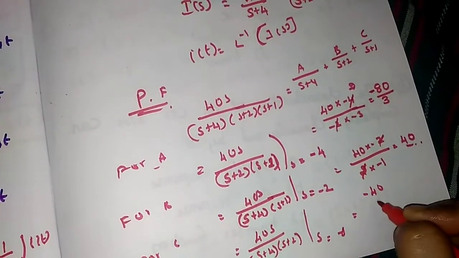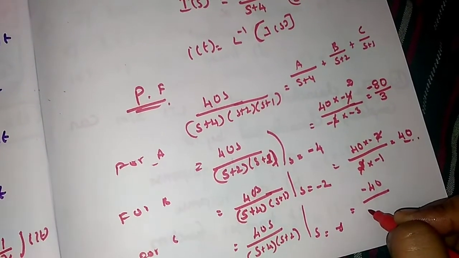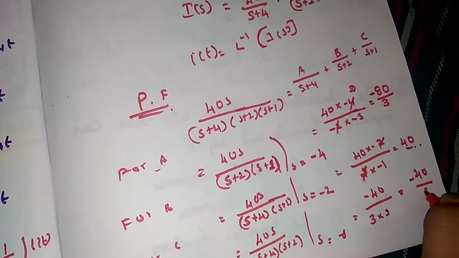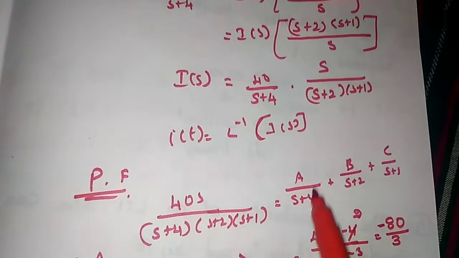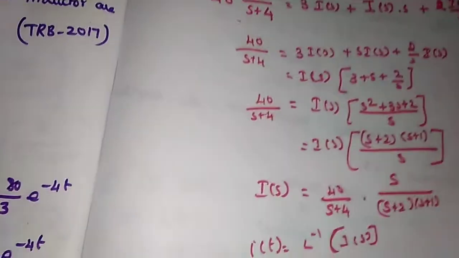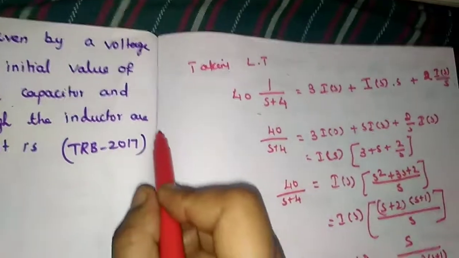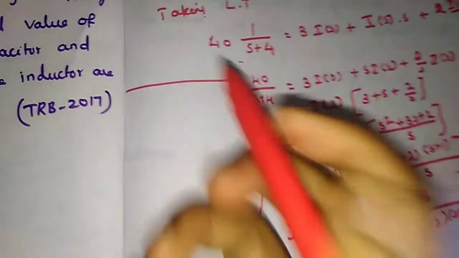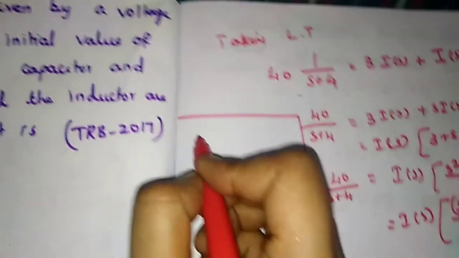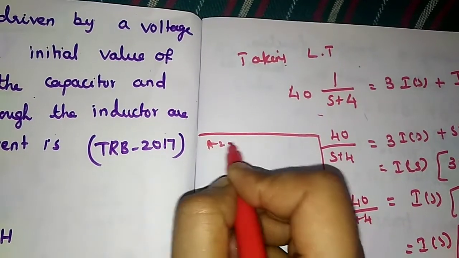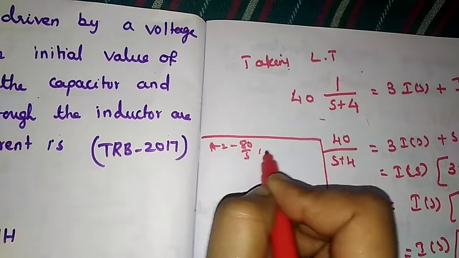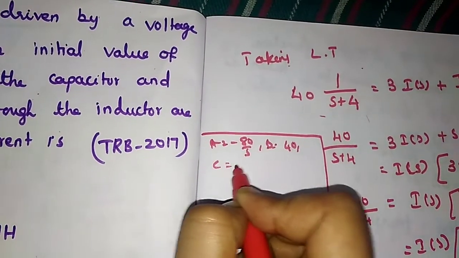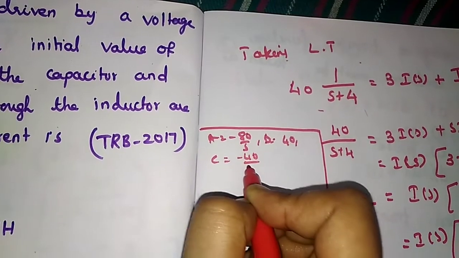So this will give minus 40 divided by 3 into 1, so we will get minus 40 by 3. So now A is minus 80 by 3, B is 40, C is minus 40 by 3.